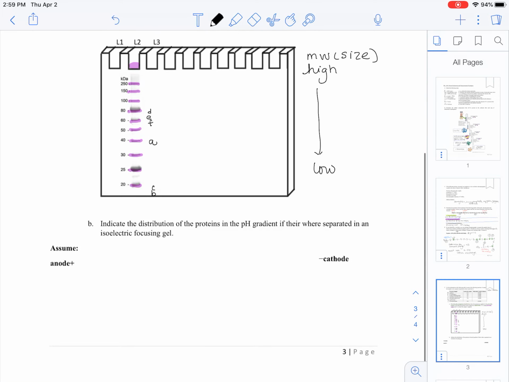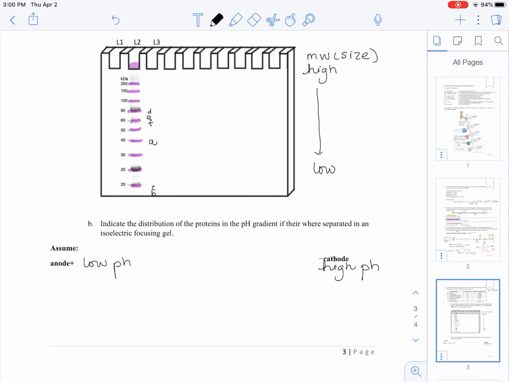Now, the last problem that we have on the worksheet talks about what is going to be the distribution in the pH gradient if you use an isoelectric focusing gel. The main thing that you have to remember is, since you're assuming that you are running this from anode to cathode, understand that in the slides it was explained how in an isoelectric focusing gel, the anode is going to correspond to the low pH, and the cathode is going to be high pH.